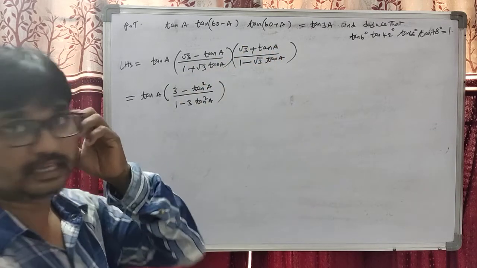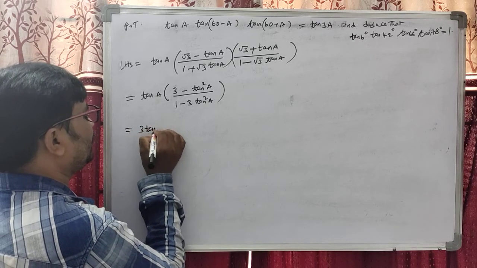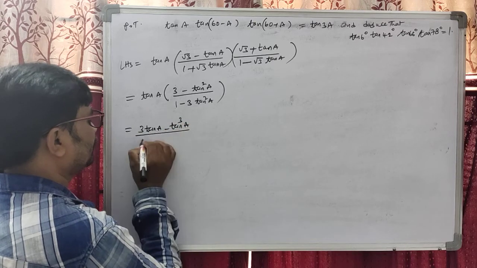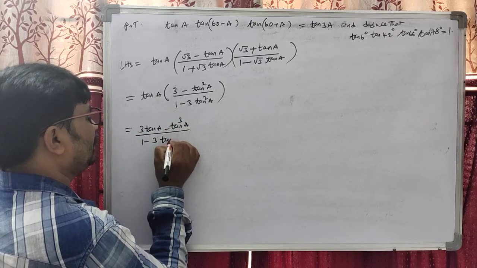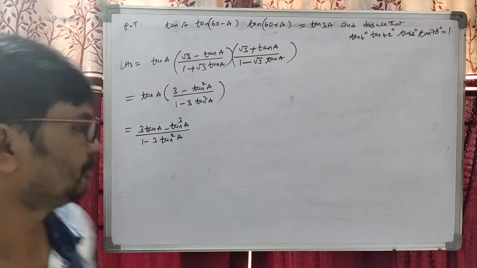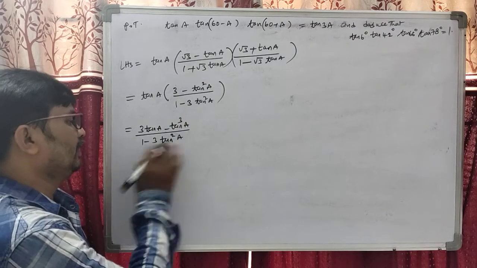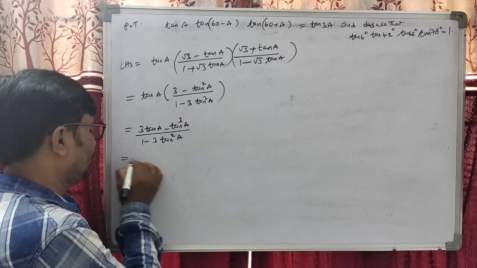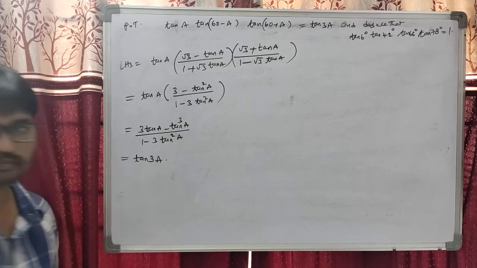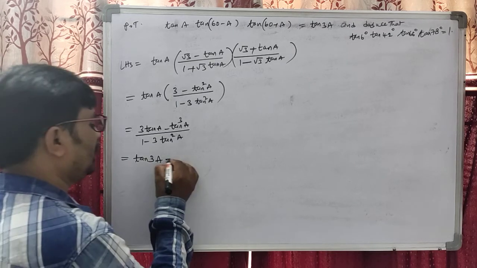In the denominator also A square minus B square: 1 minus 3 tan square a. Now, 3 tan a minus tan cube a by 1 minus 3 tan square a. What is this formula, students? This is tan 3a. So this is the RHS.